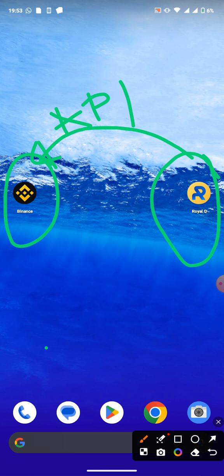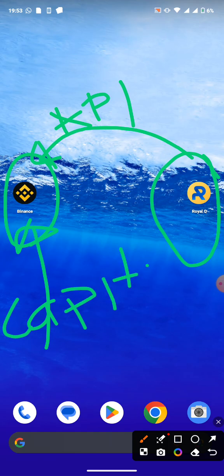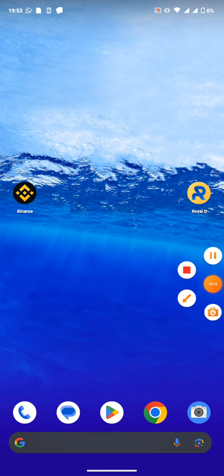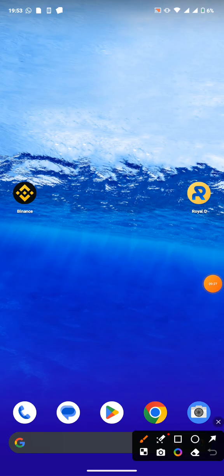When you connect these two, put your capital into Binance. Let no one deceive you that you're putting the capital into Royalty. If someone says that anytime, that is a scammer. Put your capital into your Binance. I hope you're understanding that.